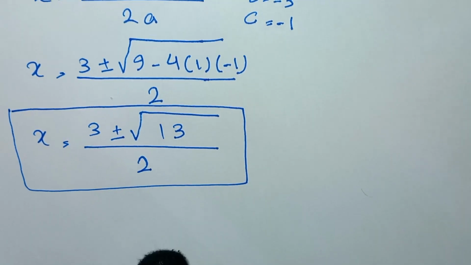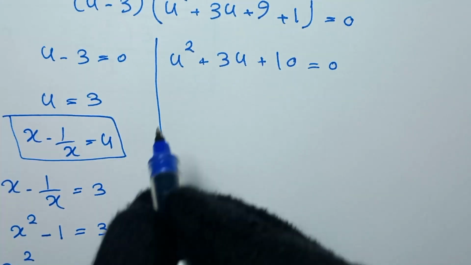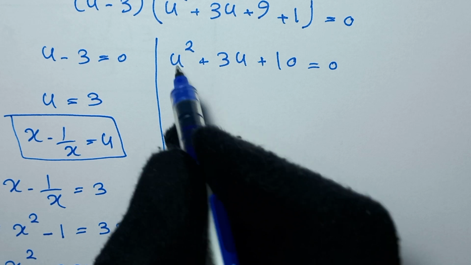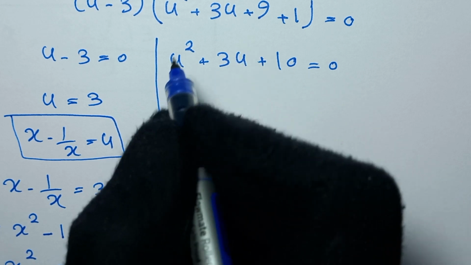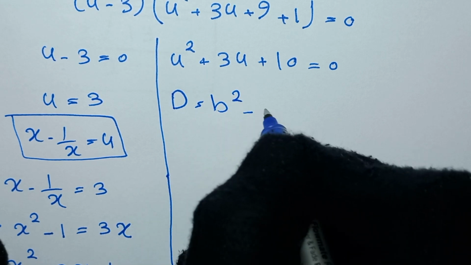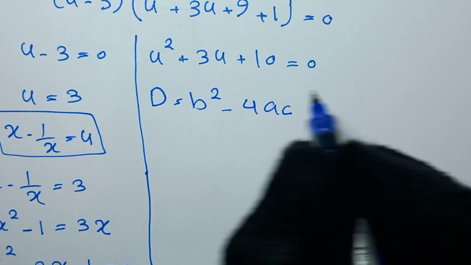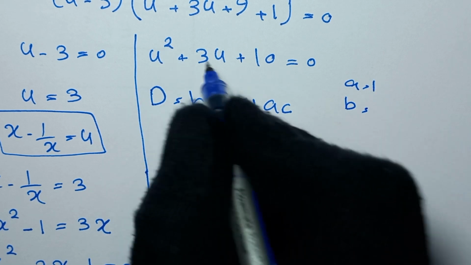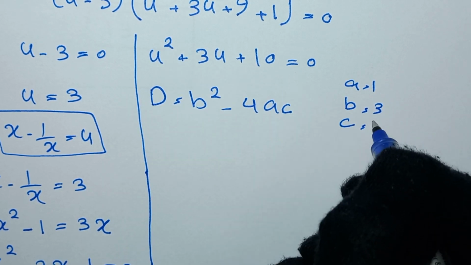And here, we have a quadratic equation, and we use the quadratic formula, but first we check the discriminant, which is b squared minus 4ac. And a is the coefficient of u squared is 1, and b is the coefficient of u is 3, and c is the constant is 10.